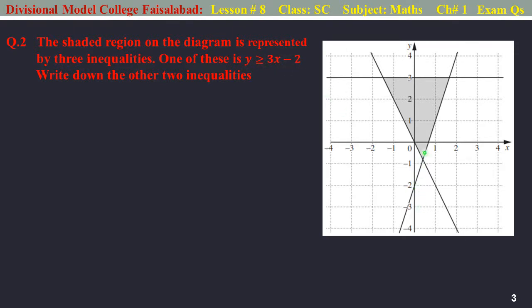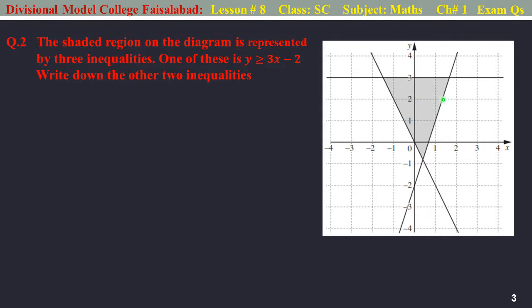And this is the line which cuts the y-axis at -2. So we are required to find the equation of this line and this line. Once we are able to write the equation of this line and this line, then we can write the inequality by looking at the shaded area, the defined area.